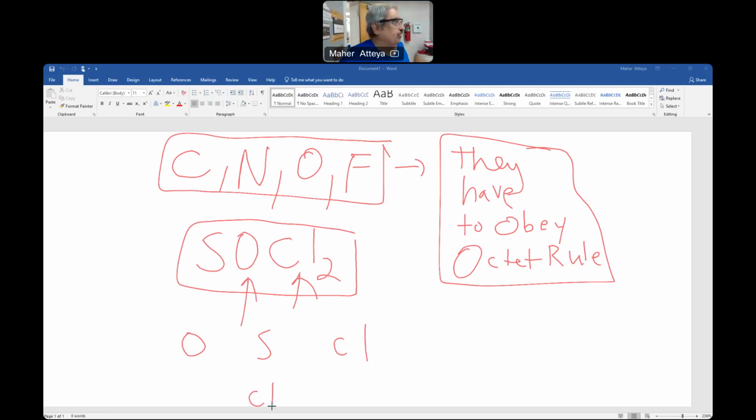Chlorine cannot be adjacent to each other; they are electronegative atoms and they will fight each other. And this is the most electronegative. It has 6, so change the color here: 1, 2, 3, 4, 5, and 6. This one has 7: 1, 2, 3, 4, 5, 6.